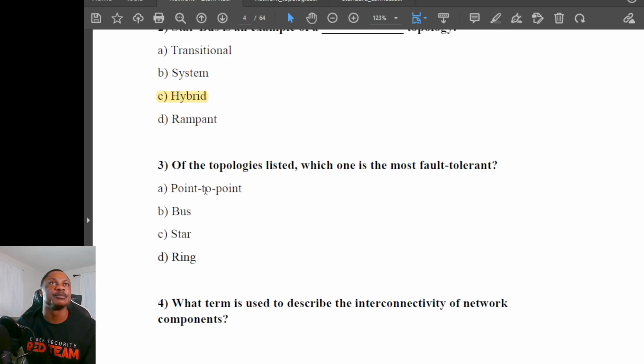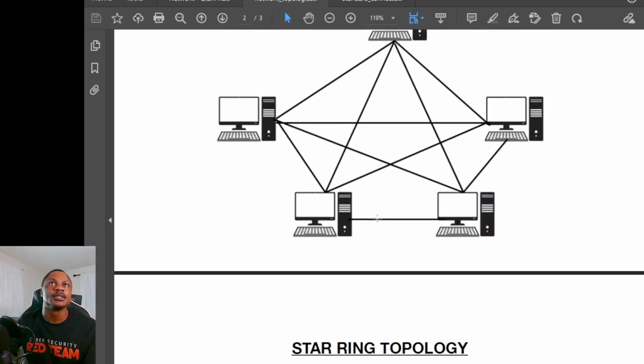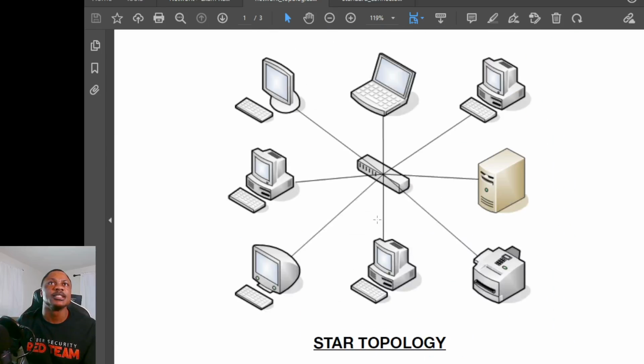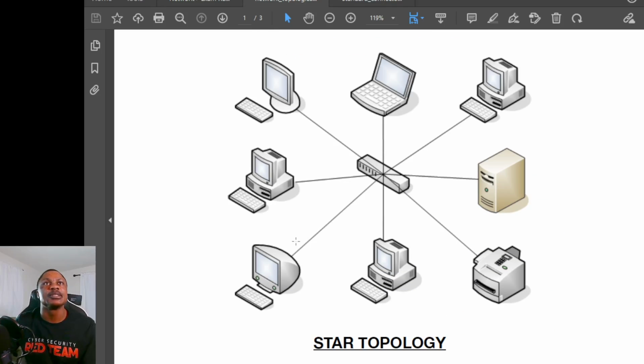And next is 3. Of the topologies listed, which one is the most fault tolerant? If we go back, see the way the star topology is connected.